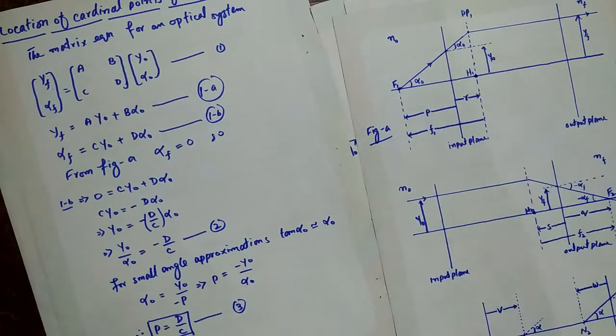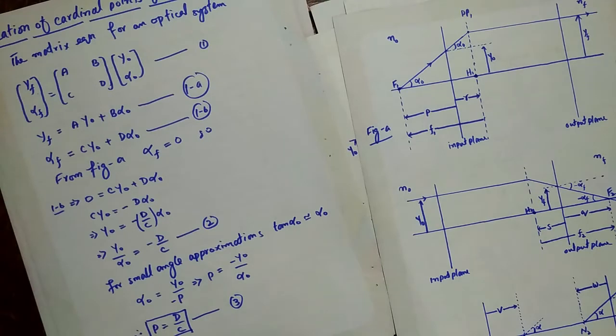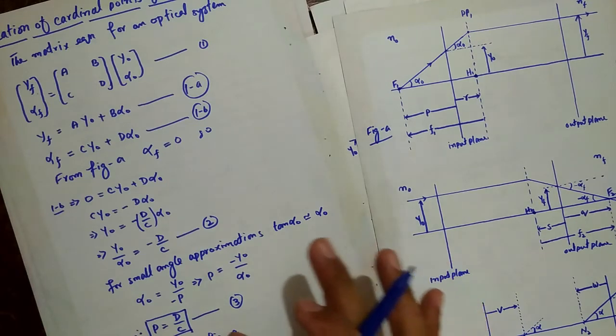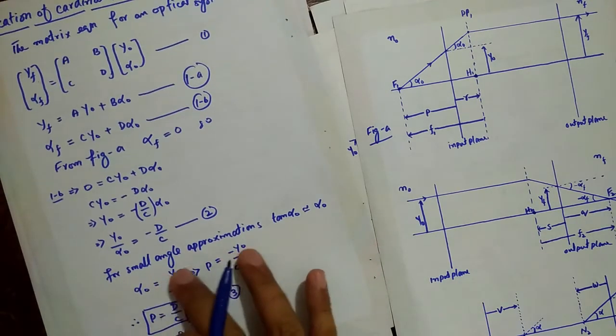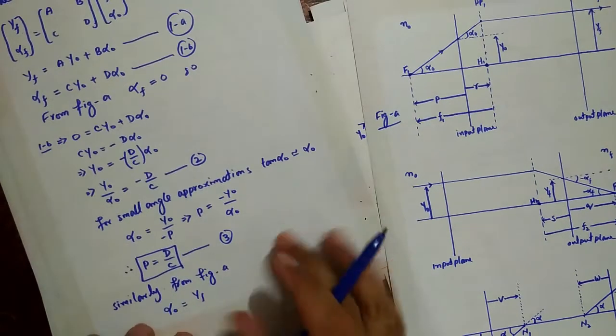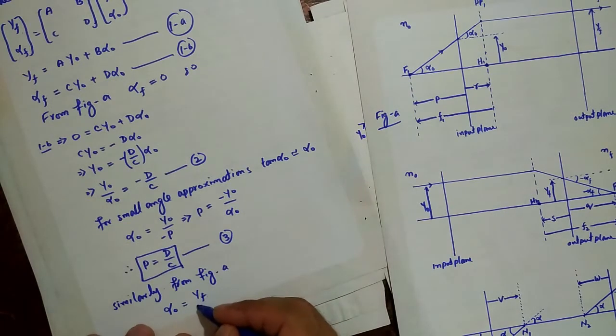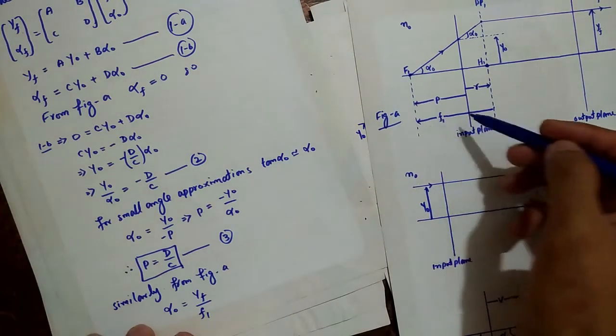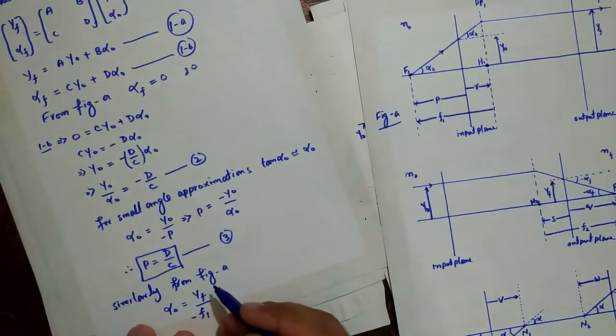Similarly, from figure A, alpha naught, remembering that we calculate it for small angle approximations, will be equal to yf divided by f1, but again this f1 is directed towards the left, so it will be minus f1.